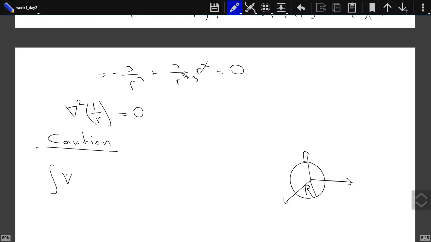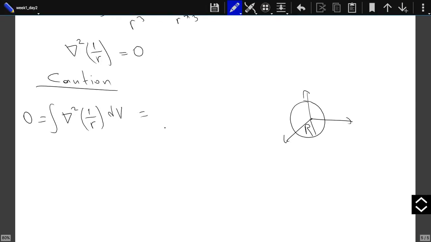And let us integrate the Laplacian of 1 over R over this volume. It should be 0, right? We already showed that this is 0, so why bother? Well, let's try to show that it is 0 by some other means. Let's not use that result.